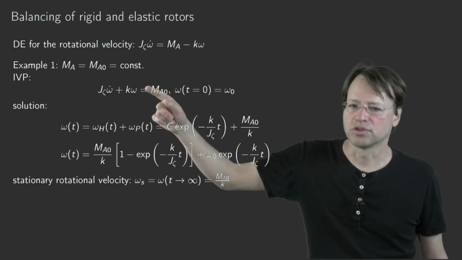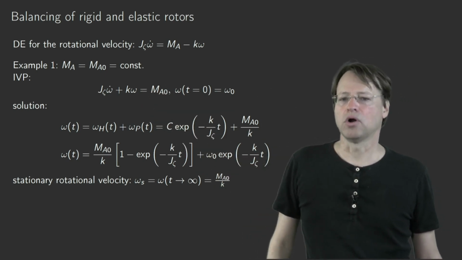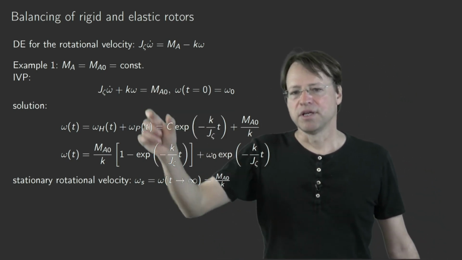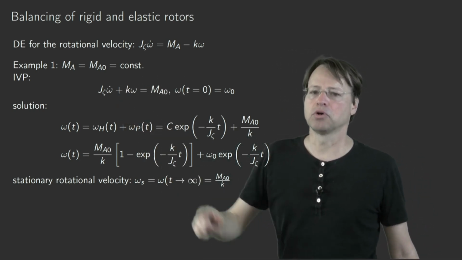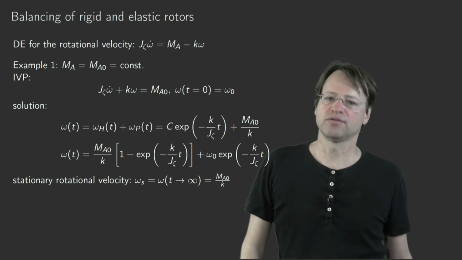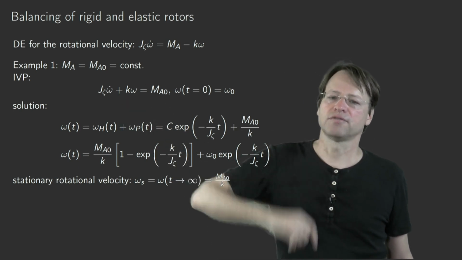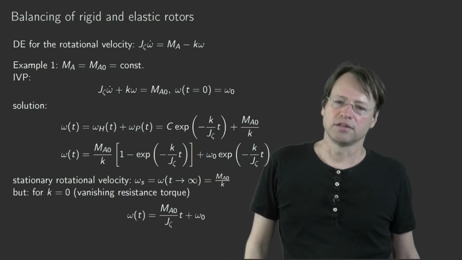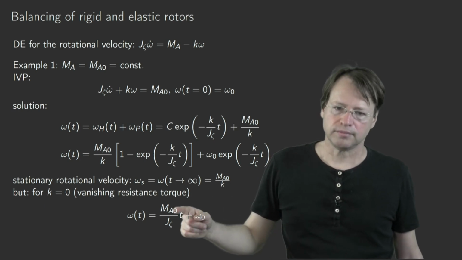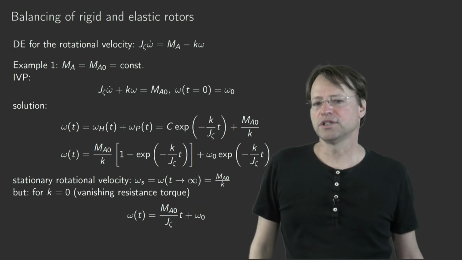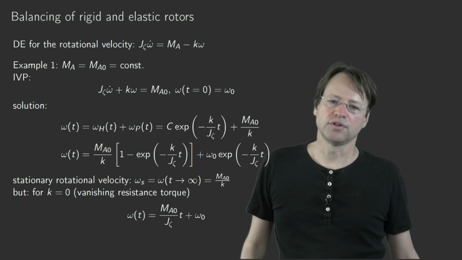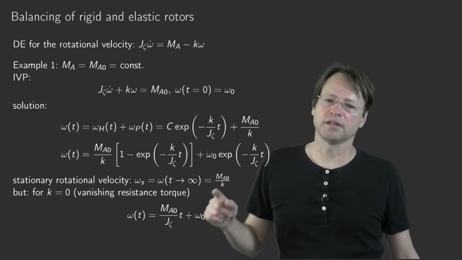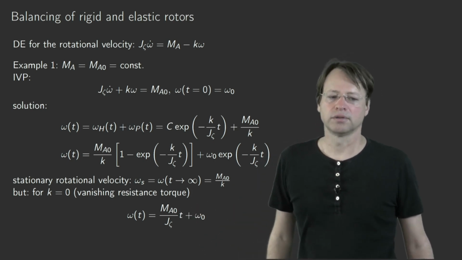We have to go back to our ordinary differential equation because we lose the term that is proportional to omega. We just have the first order derivative, and then the solution changes. The solution is now just M_A0 divided by J_ζ times t, and if you take t equal to 0, then you just have omega naught.